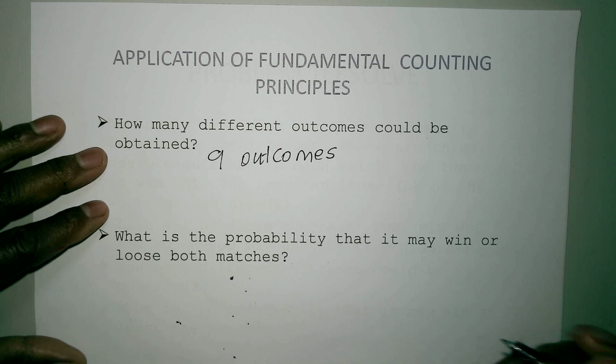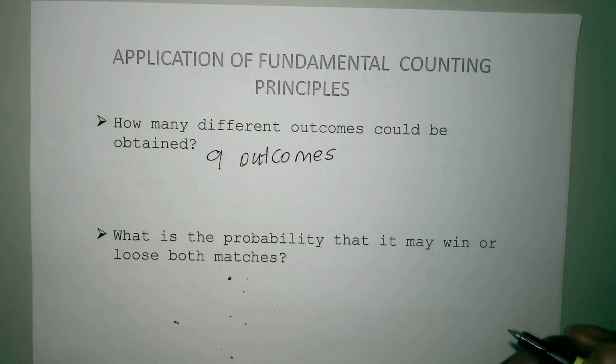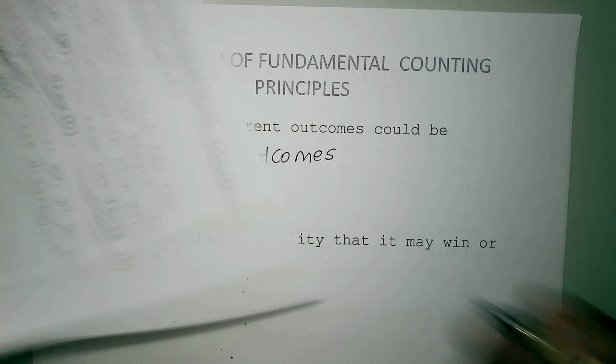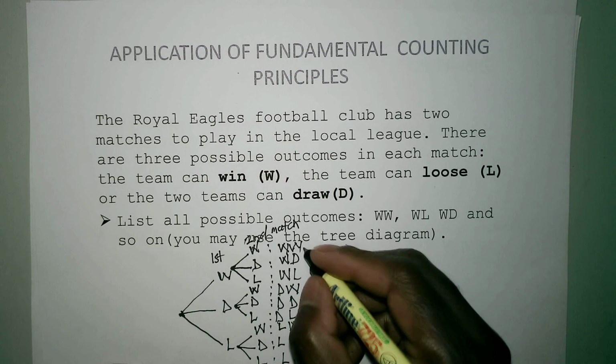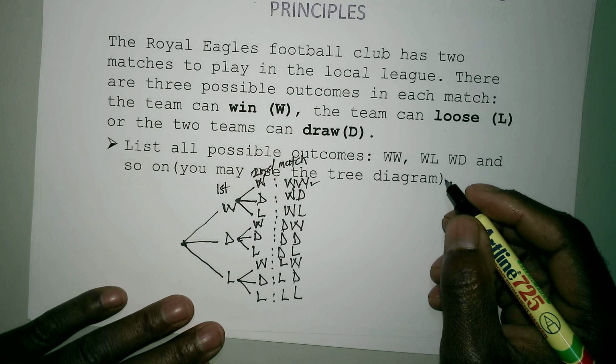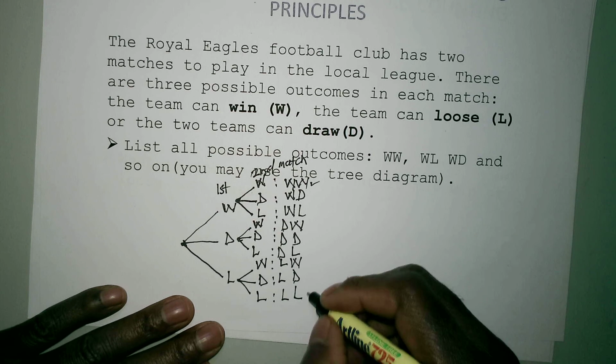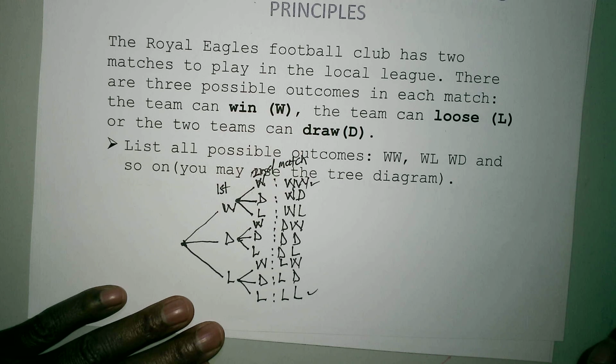Now, what is the probability that the team may win or lose both matches? Let's have a look. There is this scenario. It might win both, it might lose both.